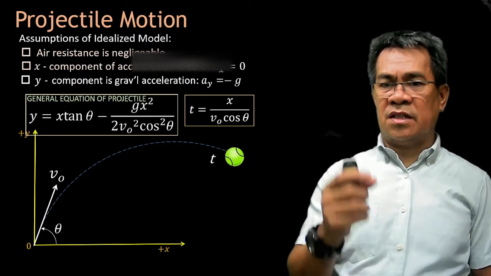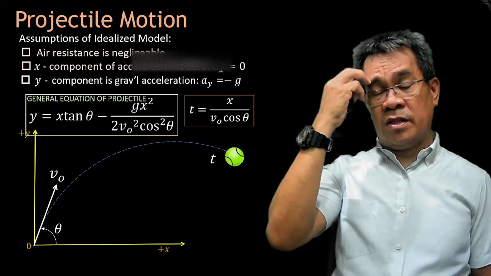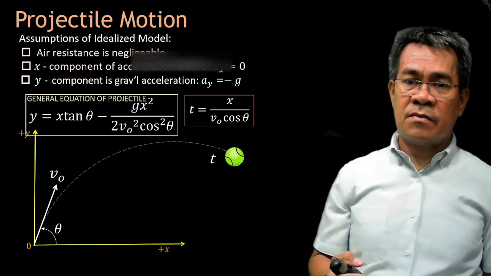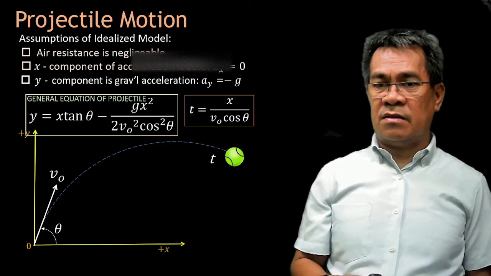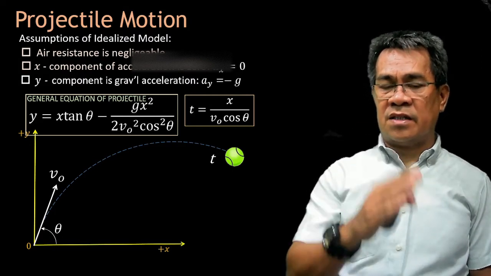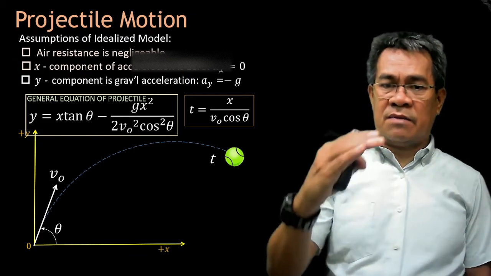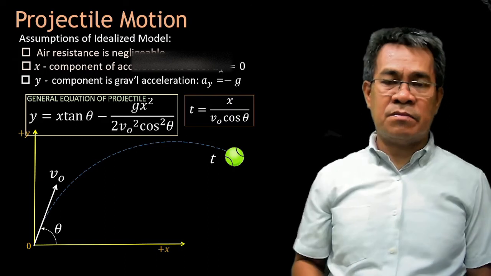Notice that the general equation, y as a function of x, the angle and the initial velocity, is a second-degree function if the independent variable is x. That's why it is a parabolic curve, and it is a parabola opening downward because the x squared is a negative term.